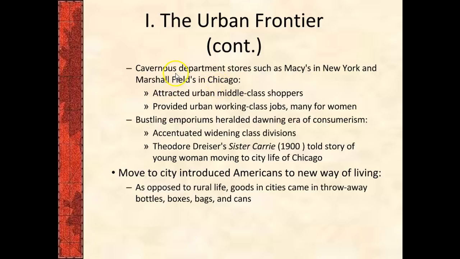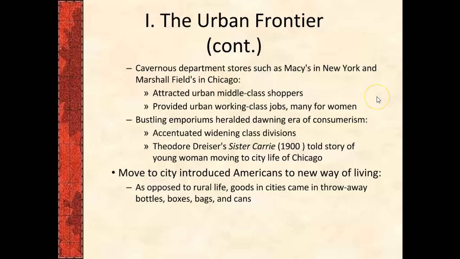We'll find also inside the cities, you see commerce taking place. Places like Macy's and Marshall Field's, modern day mall stores that you might have heard of, get their roots during this time period as people are able to buy pretty much anything inside these department stores that will then be used to enhance consumerism during this time period.